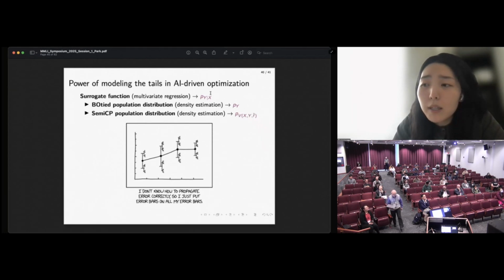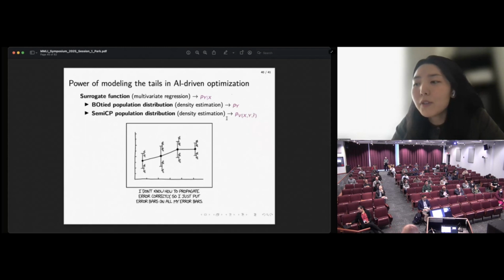And this surrogate modeling of P of y given x is a multivariate regression task. And BOtied you can think of as introducing an additional model, which is for the population level distribution, P of y. And semiparametric CP similarly introduces another model for the population level errors, or the nonconformity scores.